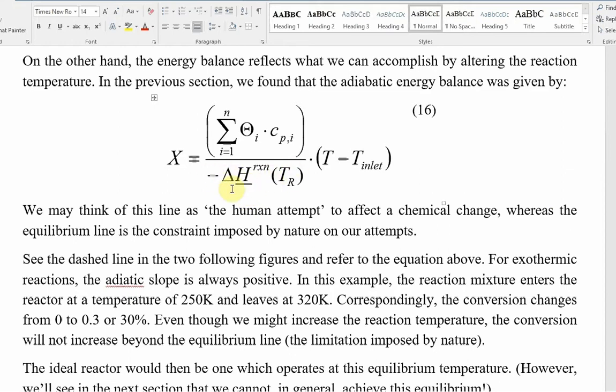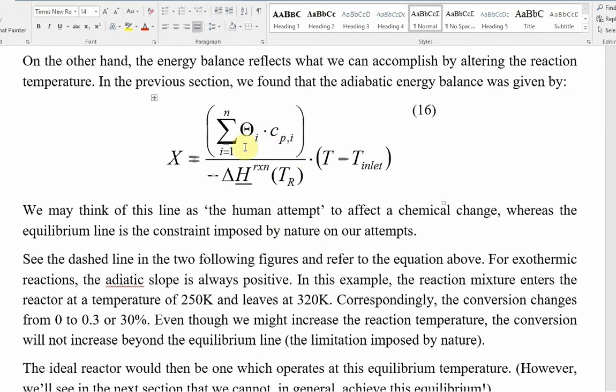So there's not much we can do here. Whereas here, we can see that we have some choice. We can choose the inlet molar flow ratio here. And furthermore, this factor is going to change the slope of our line. So we can get a steeper slope. Remember, dX/dT is basically this factor.